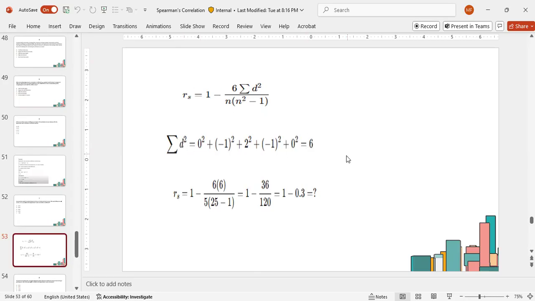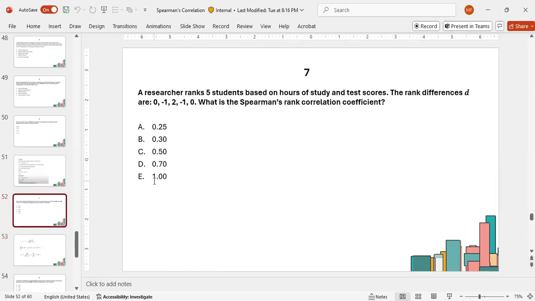So when you substitute this 6 here, and the total number of observations was 5, the sum of d square is 6 and n is 5. Substituting these values into this formula, you get the final answer of 1 minus 0.3 is equal to 0.7. So here our answer will be delta 0.7.